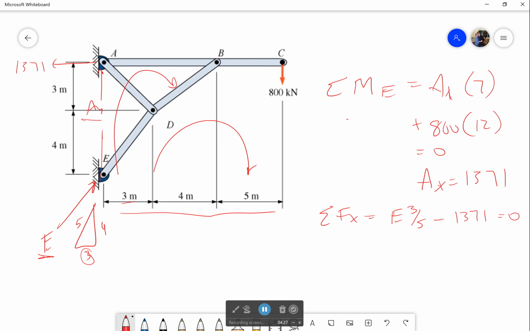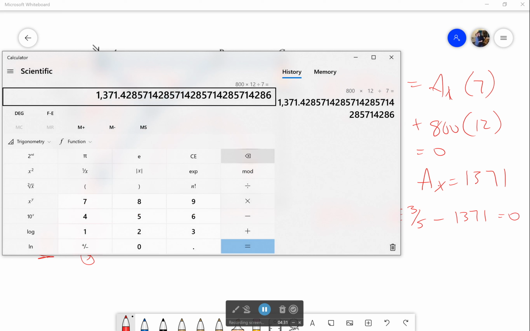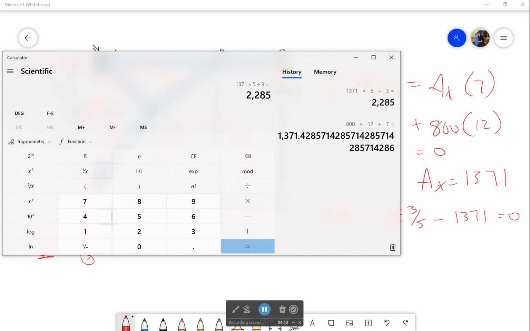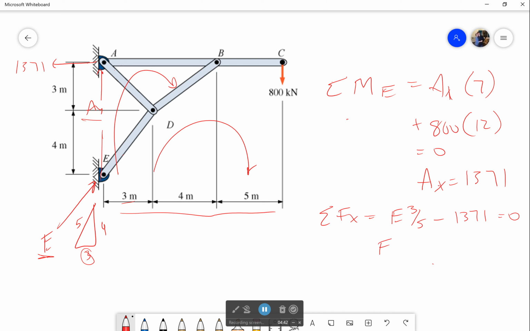Okay, so I want to solve for E, so I plugged it in my calculator. And what do I get? I get 1371 times 5 divided by 3. And that comes out to be 2,285. So, okay, E equals 2,285. That would be kilonewtons. Okay, so that one's taken care of.